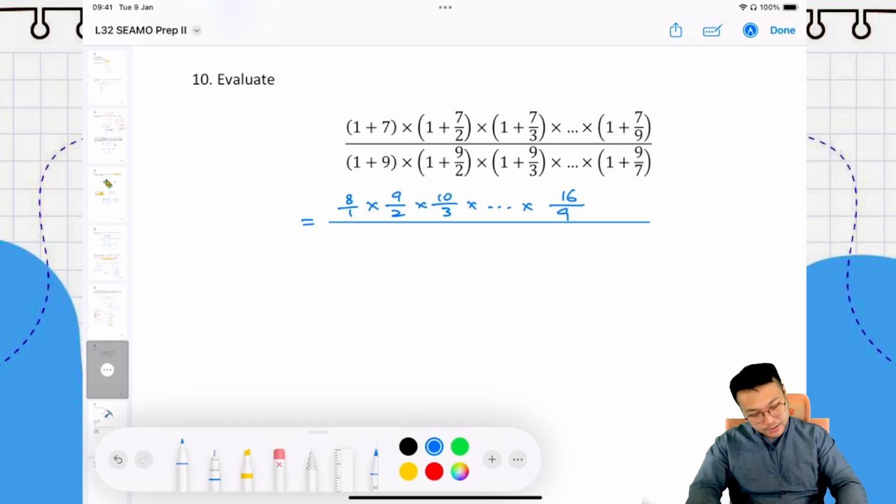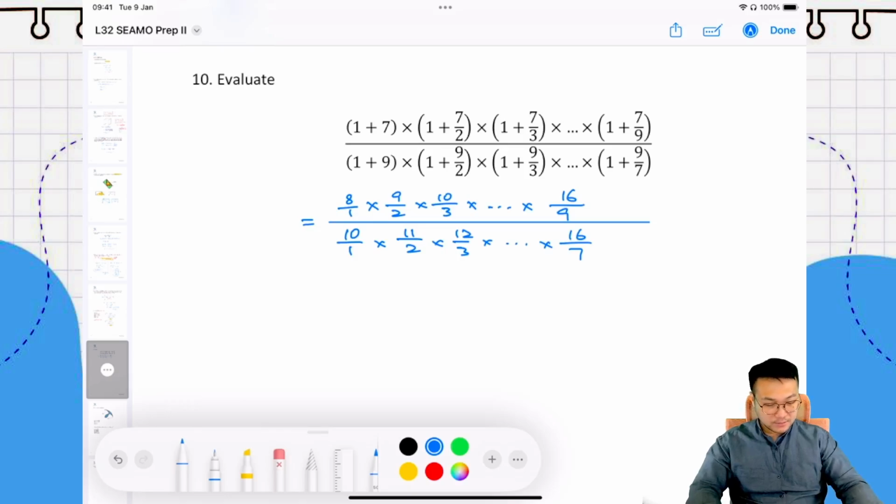And what about the bottom? 1 plus 9 is 10 over 1. 1 plus 9 over 2 is 11 over 2, 12 over 3, all the way until 16 over 7. Right, students? Once you do this, it'll be so much easier to solve.